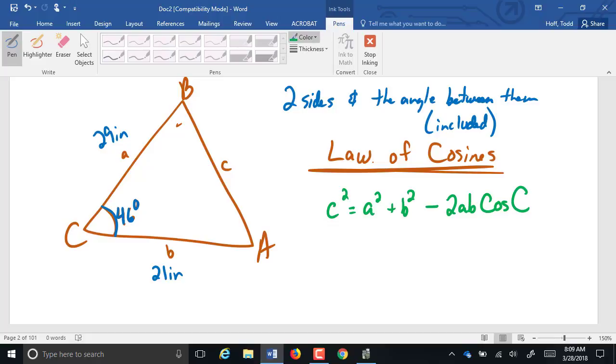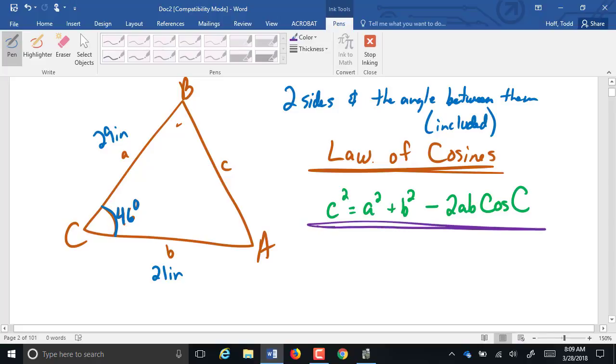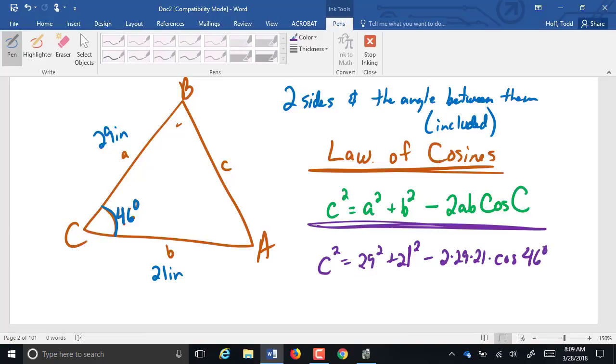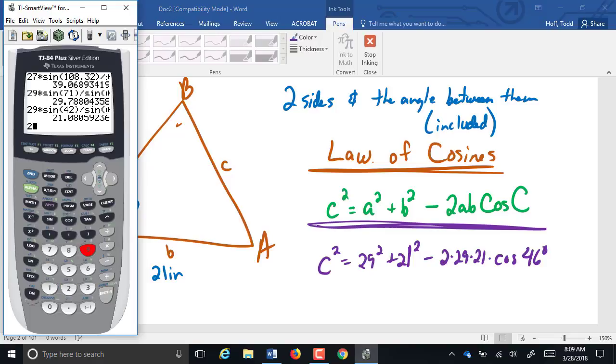Look like fun? That's going to be our project. It's just a matter of plugging in the numbers. So c squared equals 29 squared plus 21 squared minus 2 times 29 times 21 times the cosine of 46 degrees.